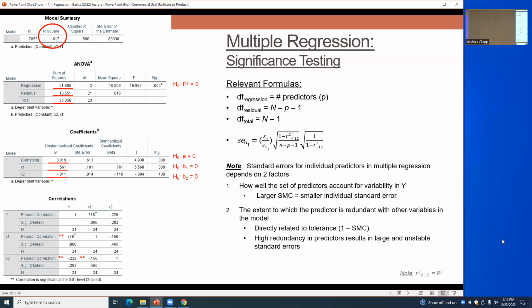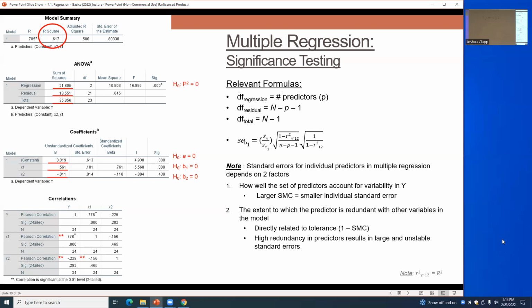Or in some cases, my bivariate correlation is negative, but when I plug it into the regression model with everything else going on, now I've got a significant positive association, right? So weird stuff can happen.